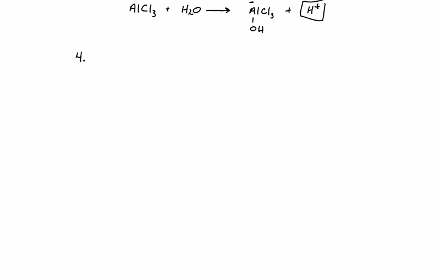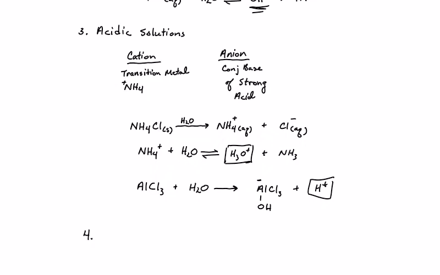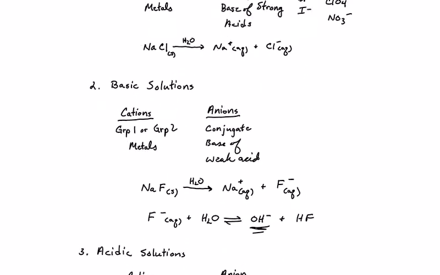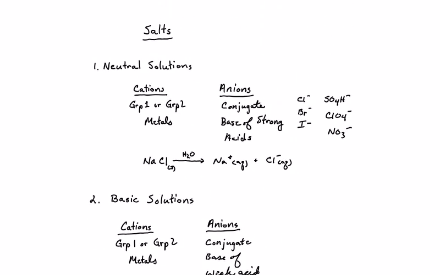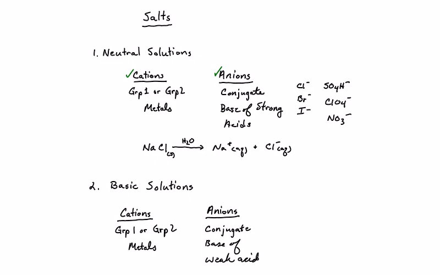Now, if we go back and look at the first three types here, we saw that in the case of the neutral solution, we had a cation that did not affect the pH, and we had an anion that did not affect the pH. And that's because neither one of these hydrolyzed in the presence of water.